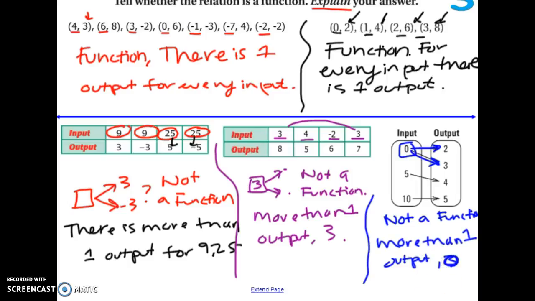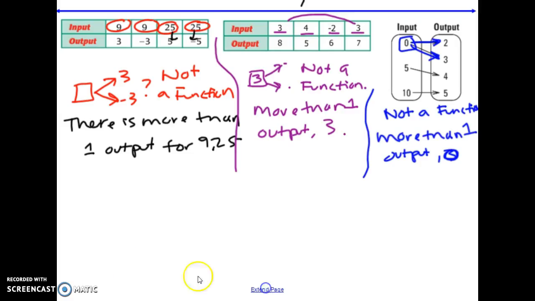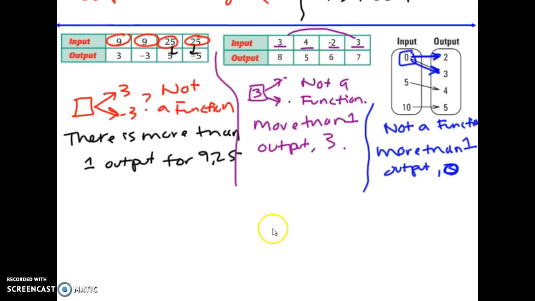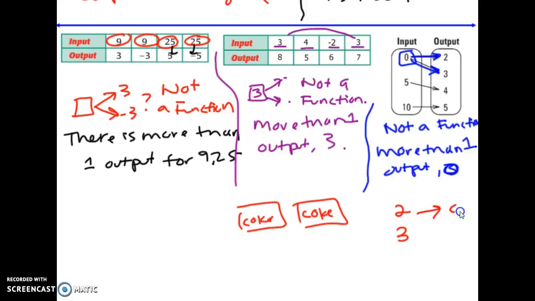0. So some of you might be thinking, well, when is this okay? Can I have 2 Coke buttons on a vending machine? Yeah, that could be okay. You could have 2 different buttons as an input, a button 2 and a button 3, that both give you a Coke.